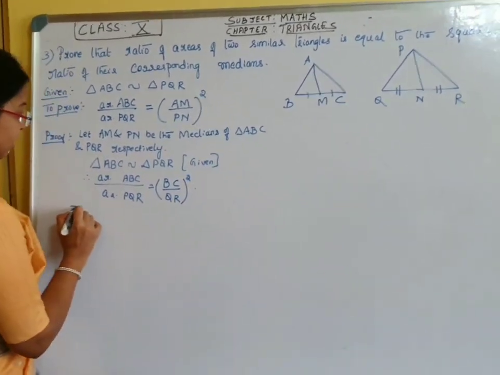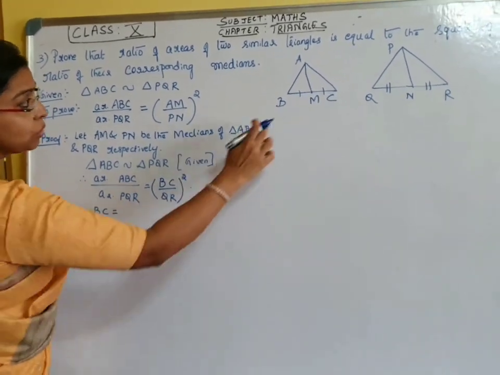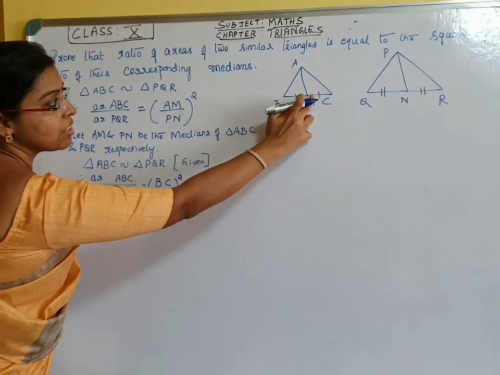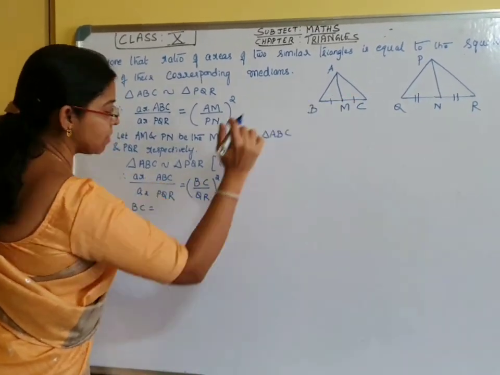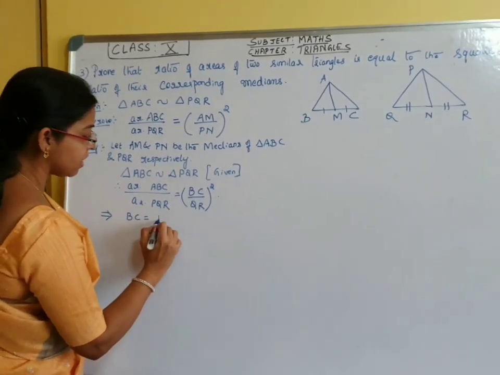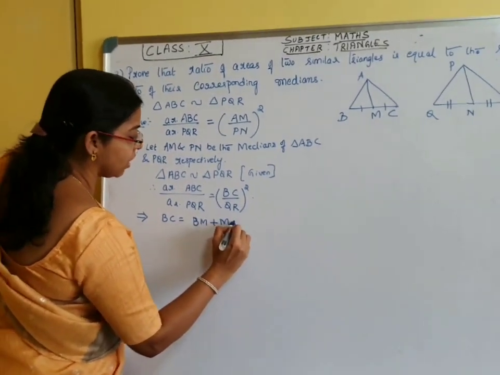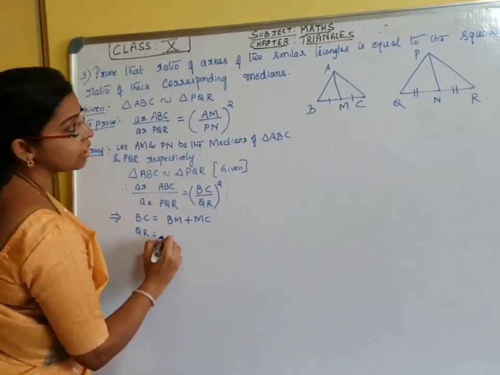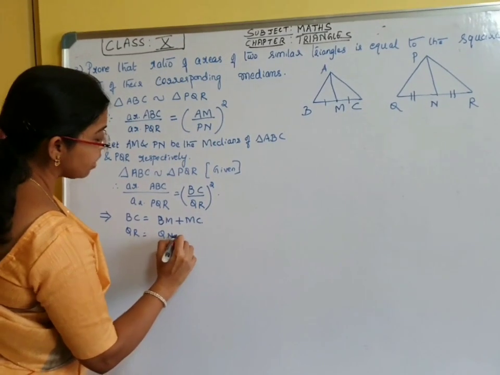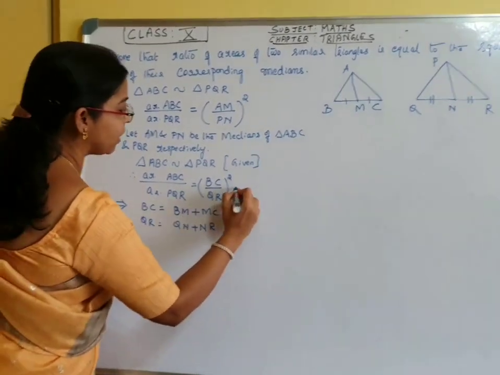This implies, M is a point which is the midpoint of BC. Therefore, BM is equal to MC. So BC we can write as BM plus MC. Similarly, we can write for QR, QN plus NR. We will substitute this in 1.